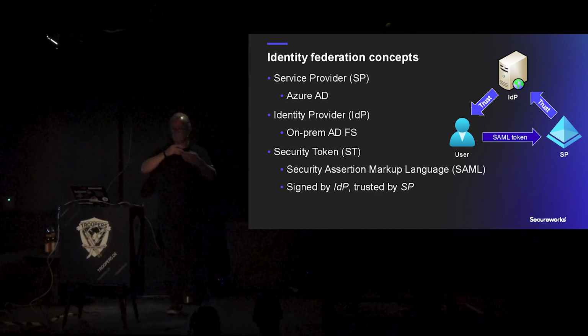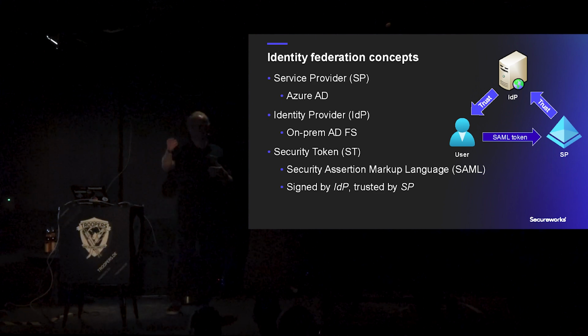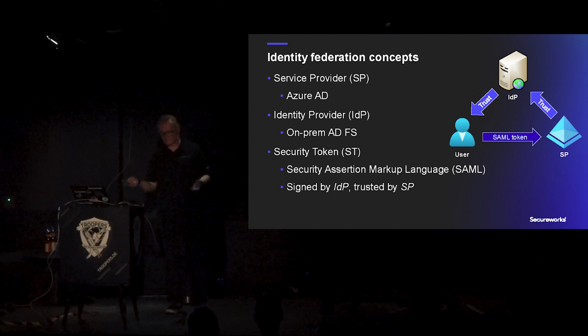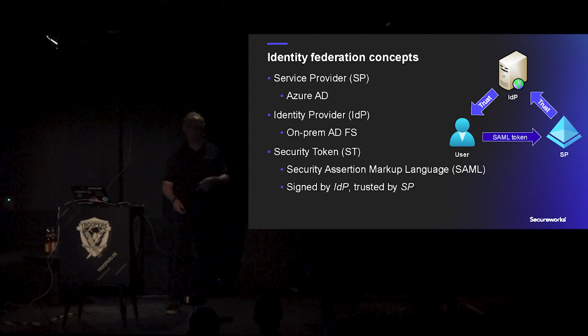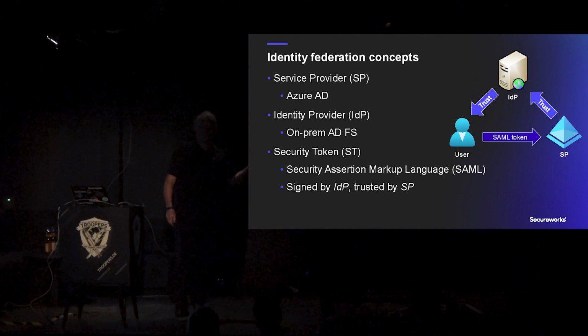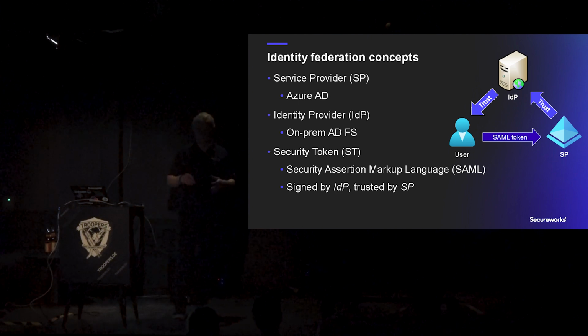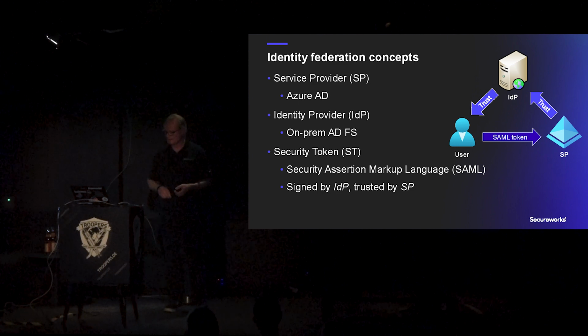You want to use the service, but the service provider doesn't trust you, and that's why we need this identity provider. The service provider, which in this case is Azure AD, is trusting your on-prem ADFS server, and the ADFS server is trusting you because you know your password.